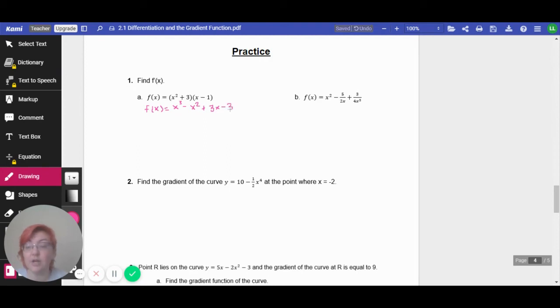Now notice here that we do not actually have any like terms to combine.